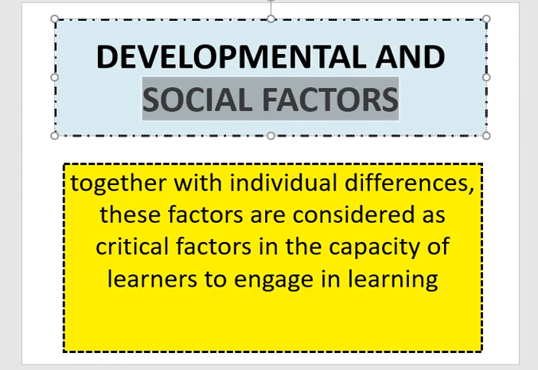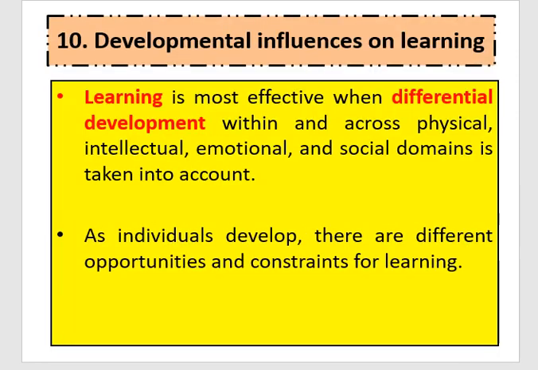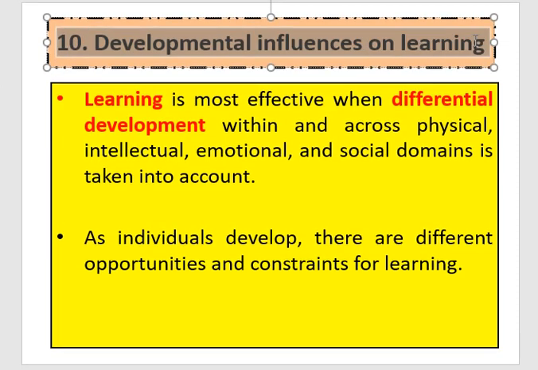So let's try to look into the LCPs under these factors. The first one is LCP number 10. LCP number 10 talks about developmental influences on learning. So, what does it say?